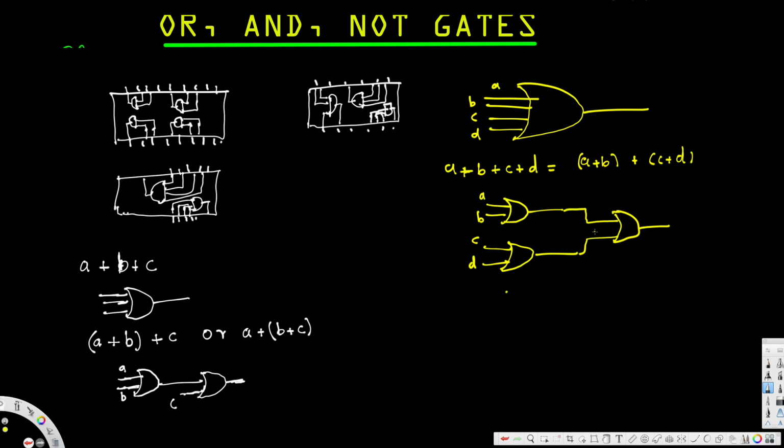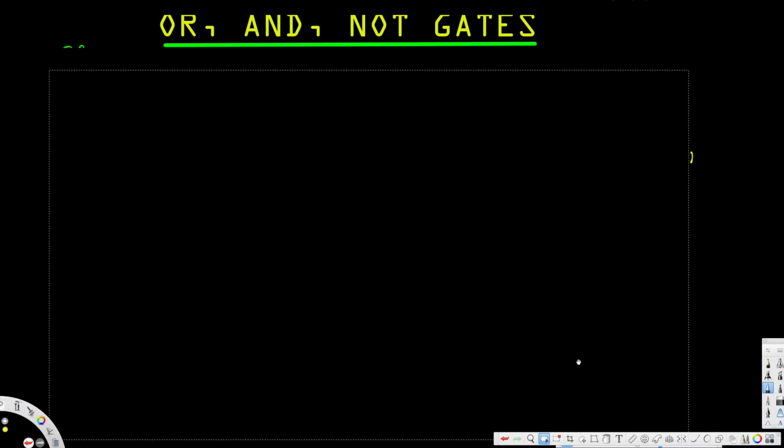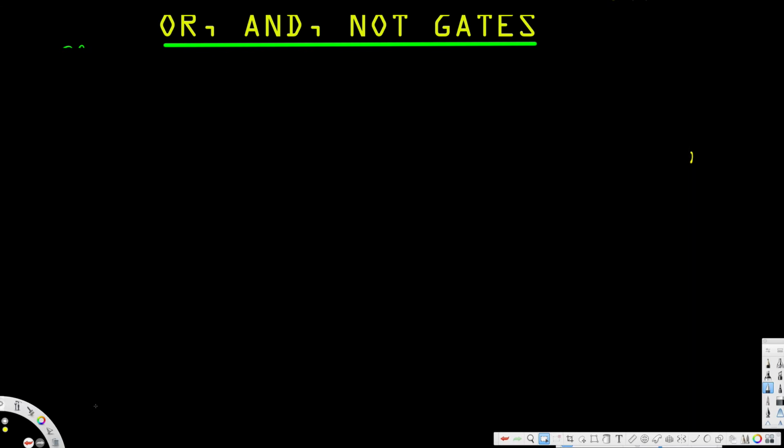Now let's look at another way, so let's get rid of all of this. Let's say you have a 4 input OR gate and you want to make an expression like A plus B plus C in this OR gate. How can we make it?